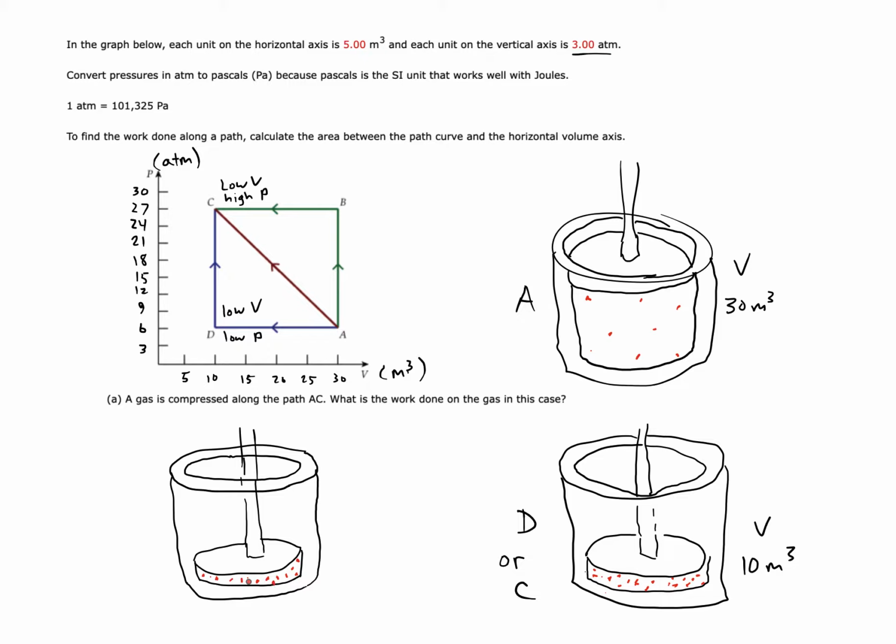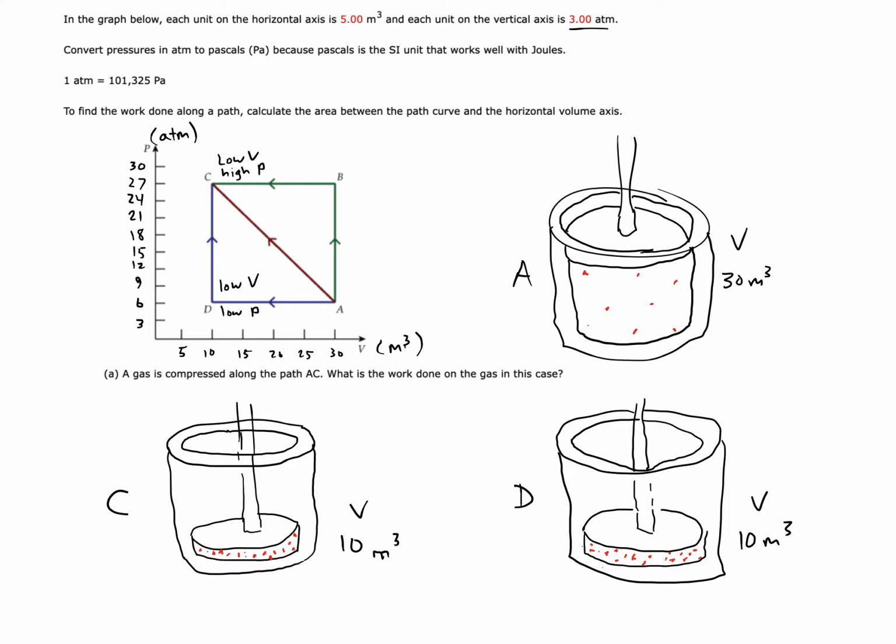So you have the same number of them inside state C as D. So let's call this one on the left state C, and over here is state D. And so they're both 10 meters cubed. That's their volume. But one of them has a higher pressure than the other. C has a high pressure, whereas D does not.